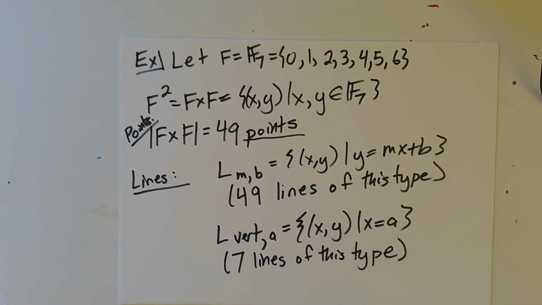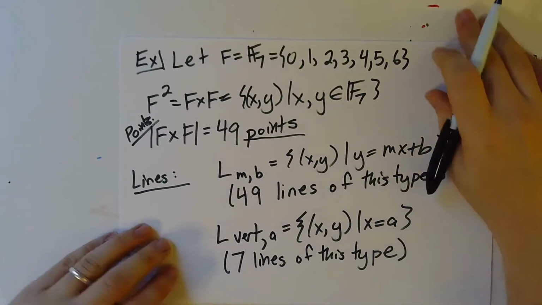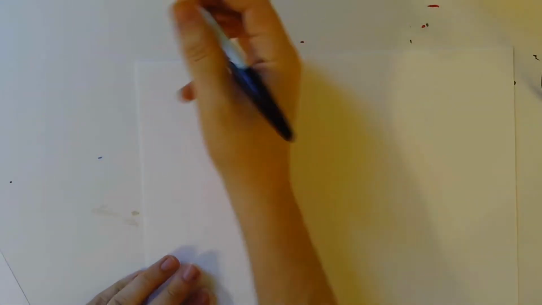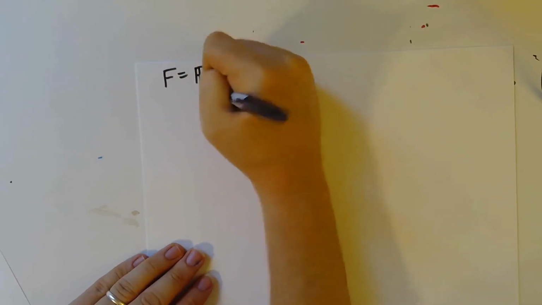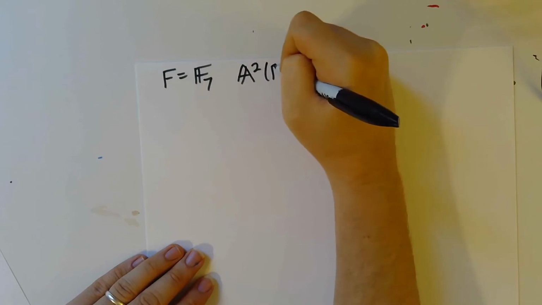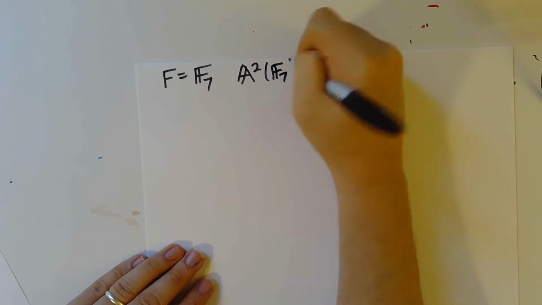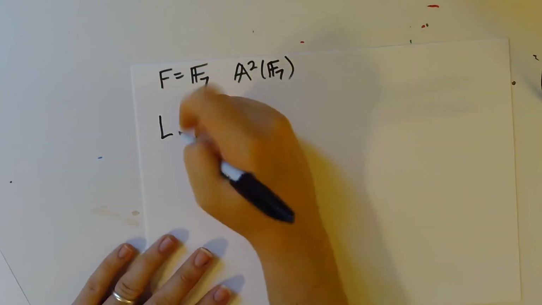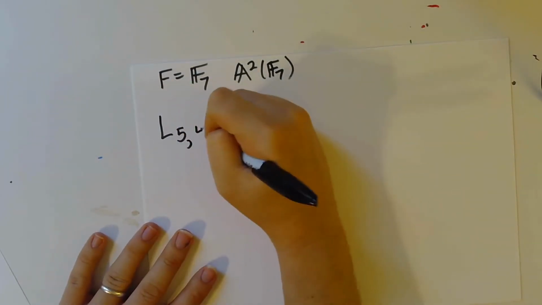I want to write down, just so that we can make sure that we're comfortable with this, what one of these lines actually is. We're still in the case that F is F7, and we're talking about the affine plane over F7. I'm just going to pick at random L_{5,4}.